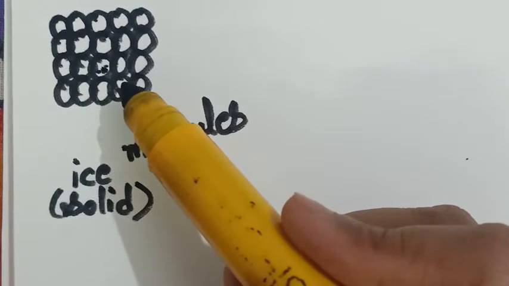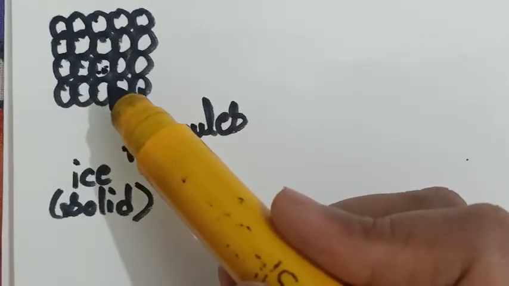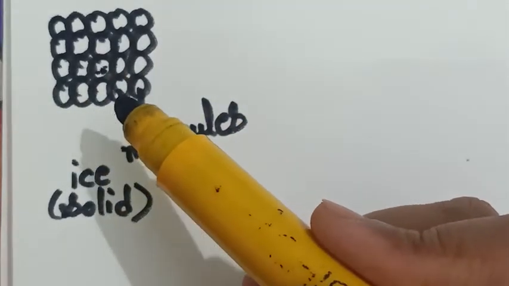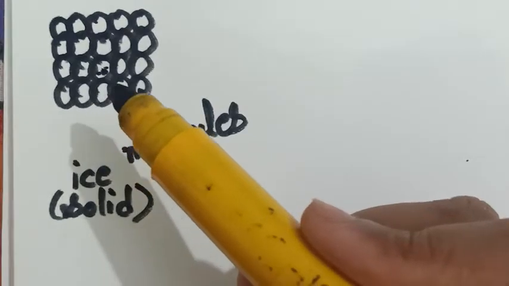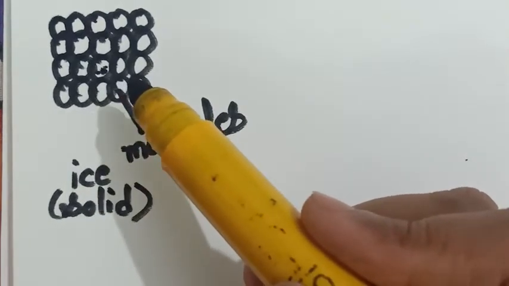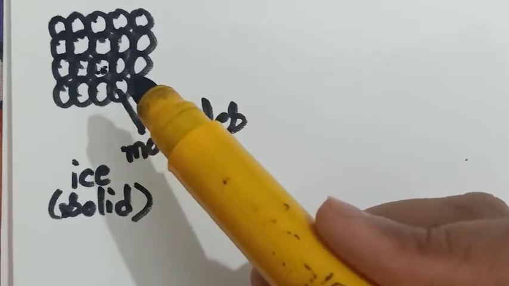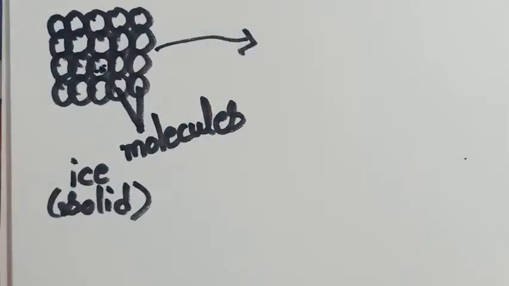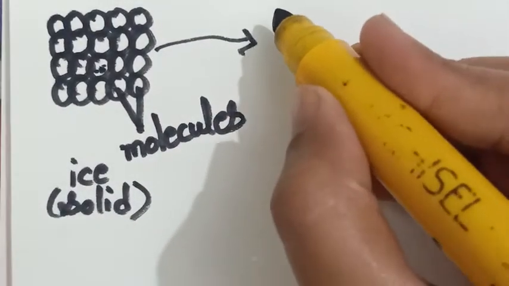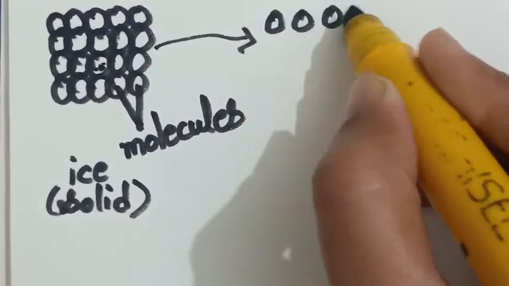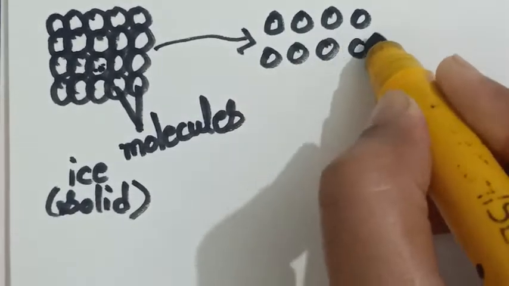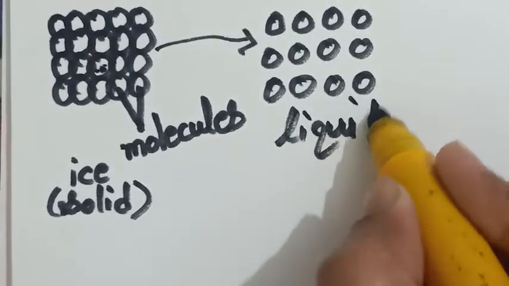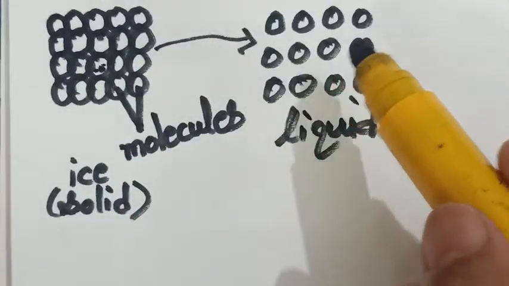On being heated, they receive energy from outside and vibrate with greater energy than before, and gradually they receive so much energy that they can overcome the strong intermolecular force of the solid, and they become loosely packed. Thus they form such a molecular arrangement, and this molecular arrangement is a type of liquid.